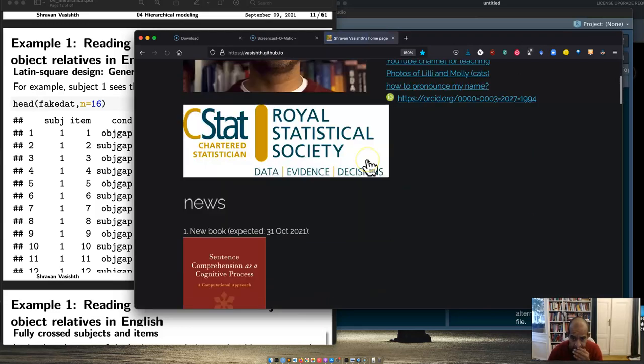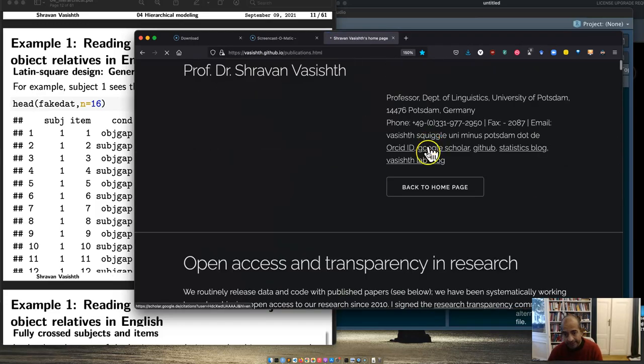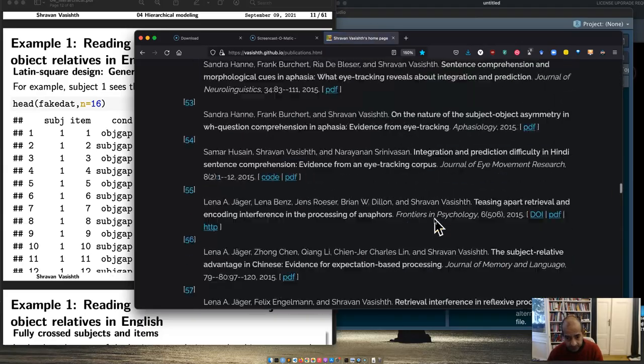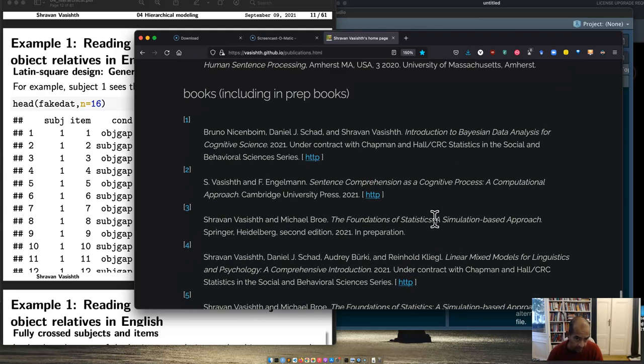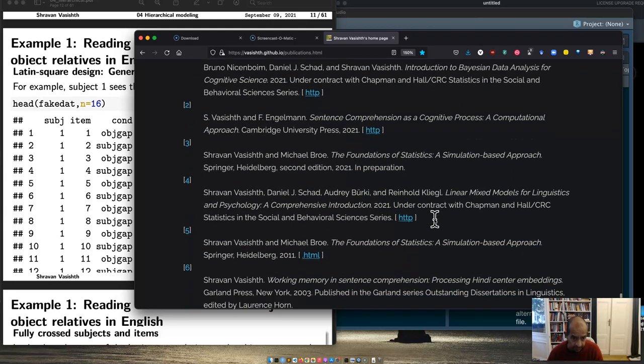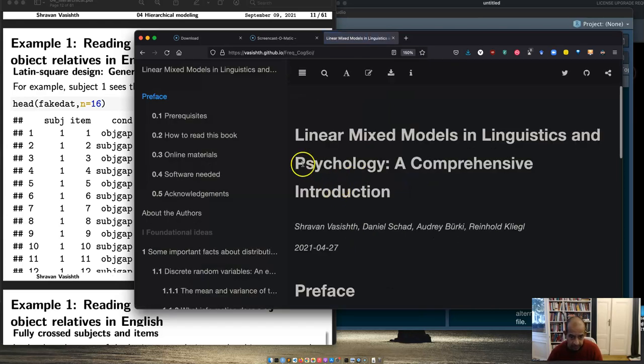What I want to show you is that I have another draft of another textbook, the frequentist data analysis book. If you look under my publications, there are all the upcoming books that we have in progress at the moment, and there's this one here, number 4, by Vasishth, Schad, Bürki, and Reinhold Kliegl. It is called Linear Mixed Models for Linguistics and Psychology: A Comprehensive Introduction.